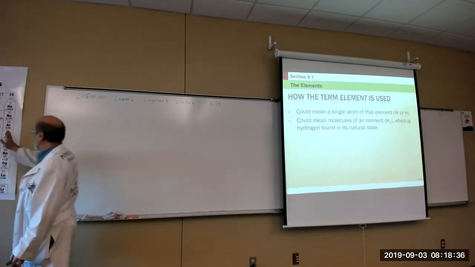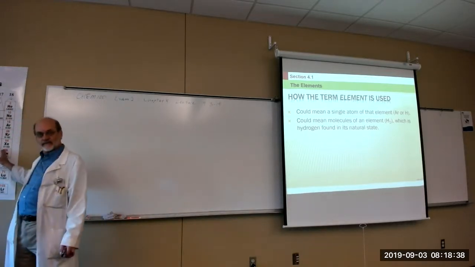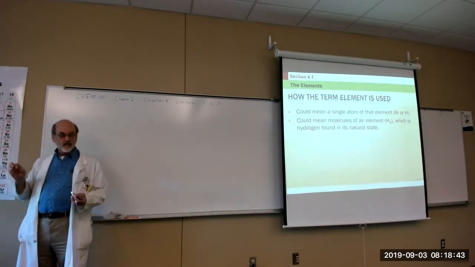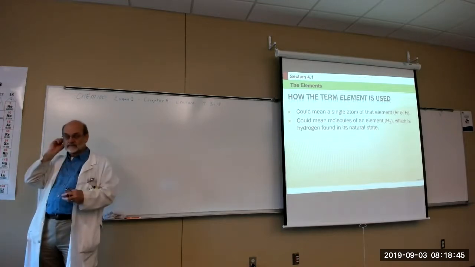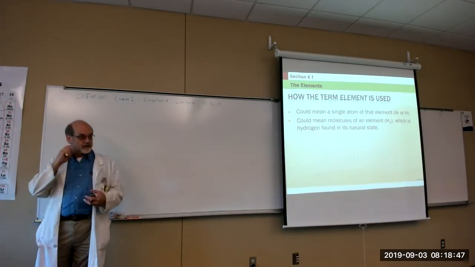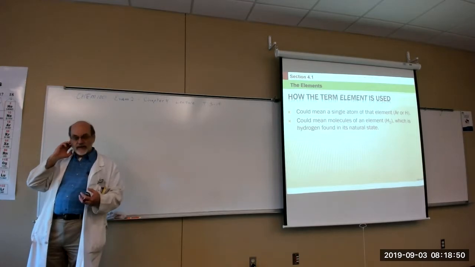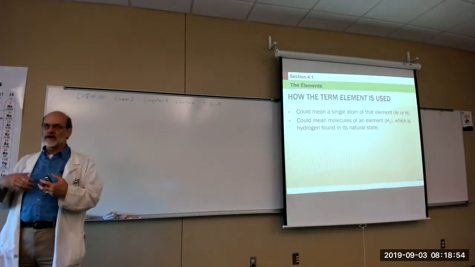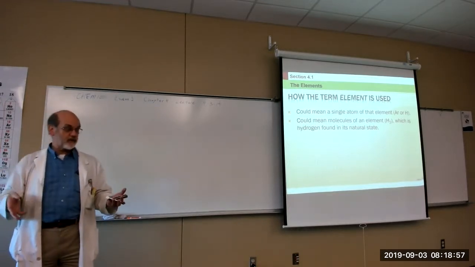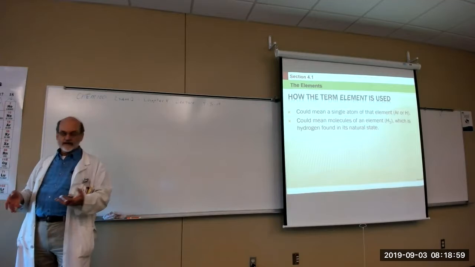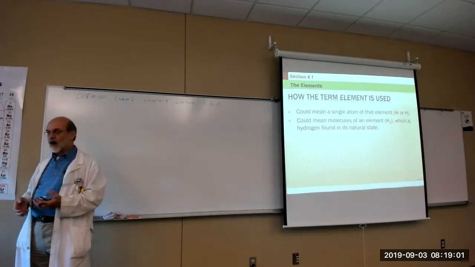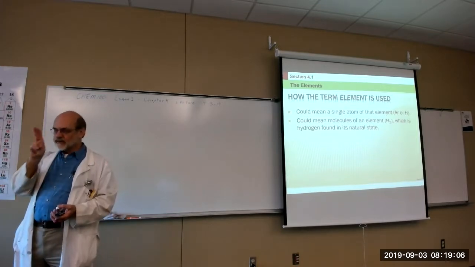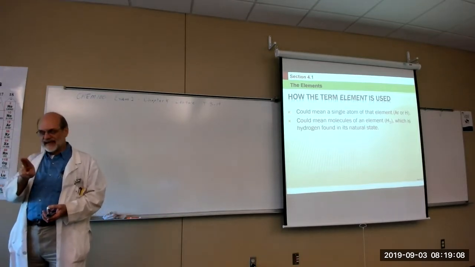For instance, all of these noble gases exist as separate atoms. You may have a lot of them together, but they're all separate atoms. There are some elements that exist under normal conditions of room temperature and atmospheric pressure as diatomics. They always come in pairs. Two atoms together, but they're the same atom, so they're the same element.